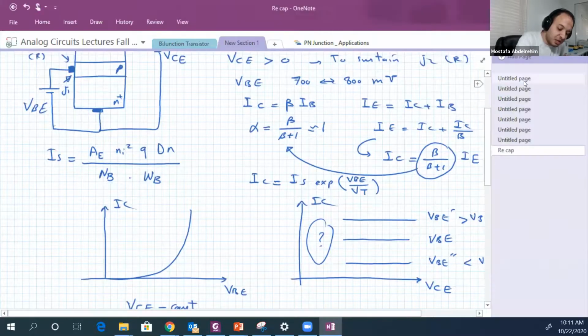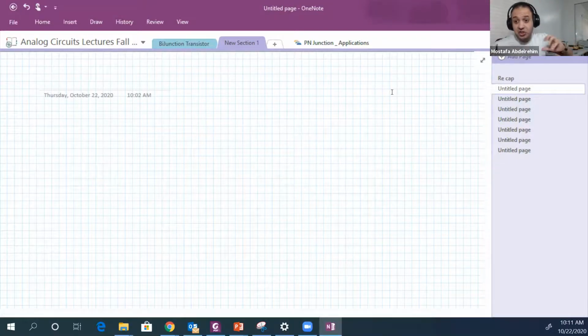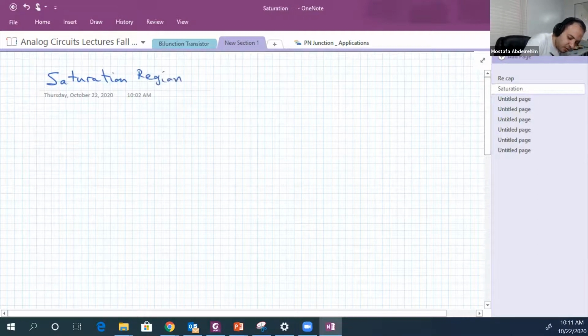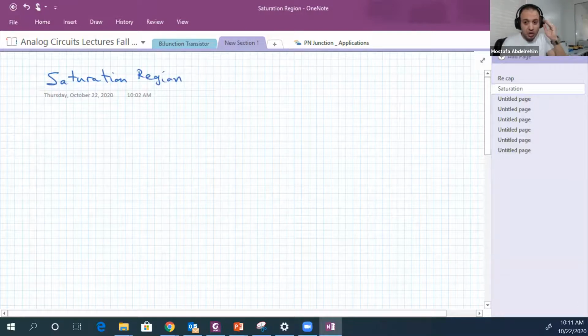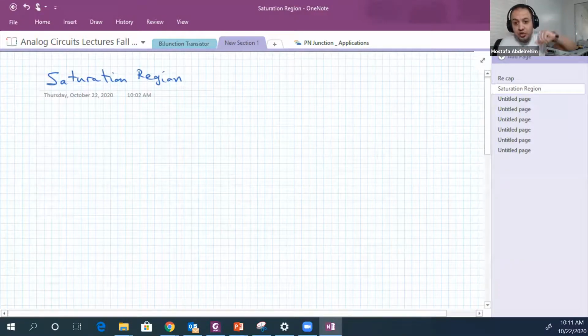So let's examine now the operation of the transistor in another region called the saturation region, in which we're gonna fill this missing part. So in active, J1 was forward and J2 was reverse.